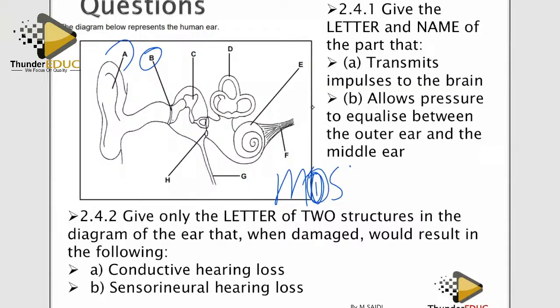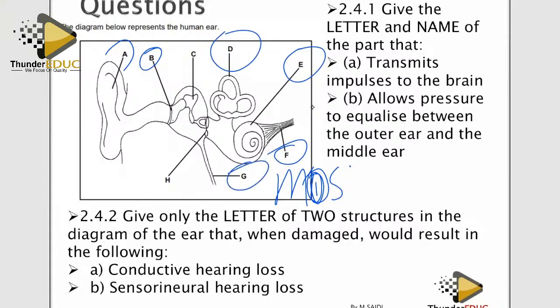What is D? Semicircular canals. D is semicircular canals. What is E? E is cochlea. What is F? F is the auditory nerve.